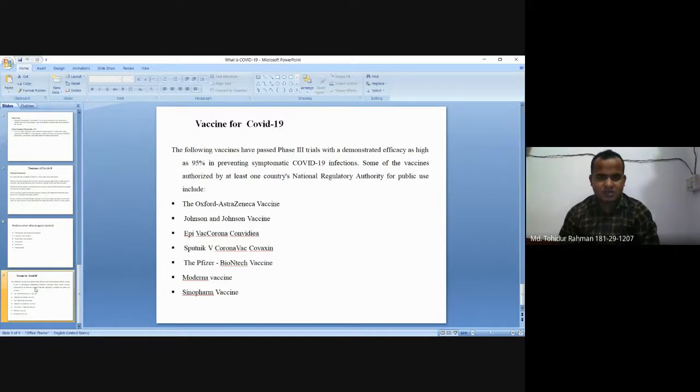Some of the vaccines authorized by at least one country's national regulatory authority for public use include the Oxford AstraZeneca vaccine, Johnson and Johnson vaccine, EpiVacCorona, Covidecia, Sputnik V, CoronaVac, Covaxin, the Pfizer-BioNTech vaccine, Moderna vaccine, and Sinopharm vaccine.